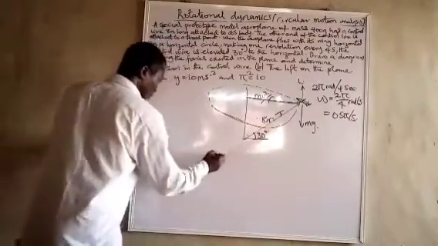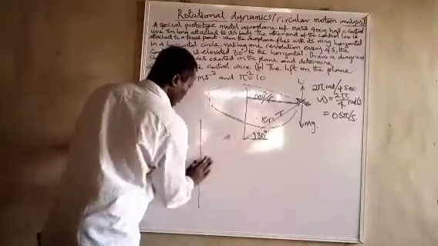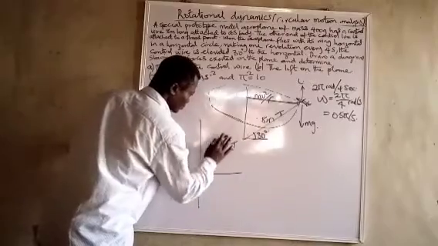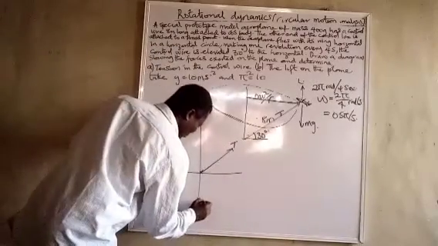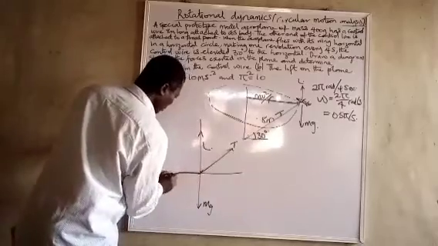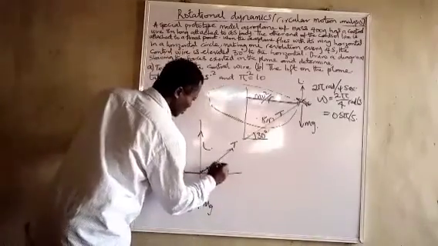So let me draw it. You have this T, you have this mg, you have this lift, and you have this mv squared over r, and this angle is 30 degrees.